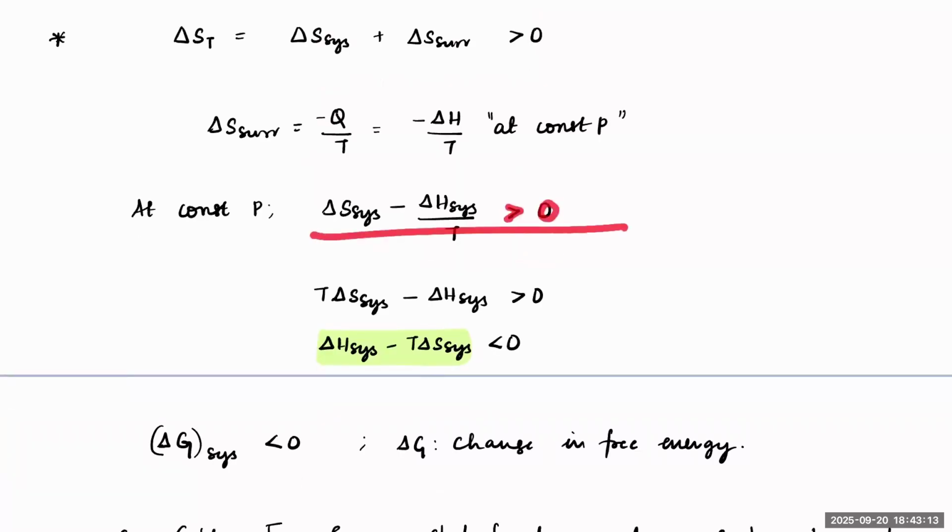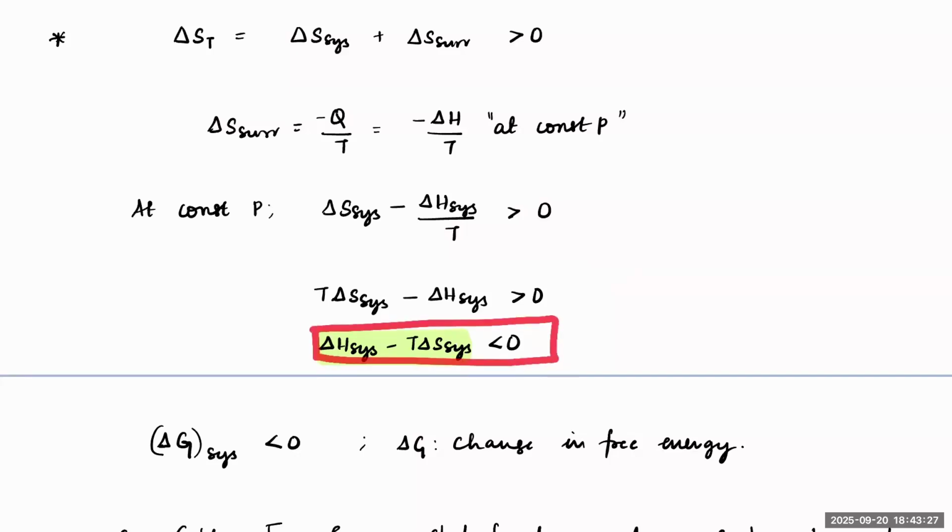Now, if I multiply T on both sides, I get T delta S of the system minus delta H of the system, that is greater than 0. So if I multiply by minus on both sides, I get delta H of the system minus T delta S of the system is less than 0. Got it? This is what I'll get.